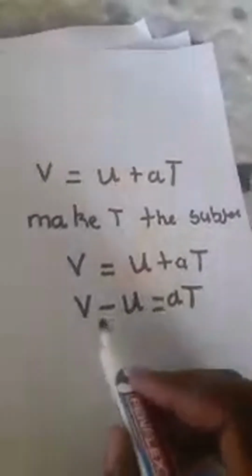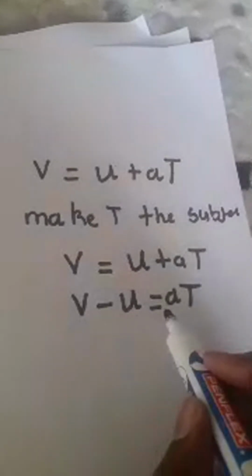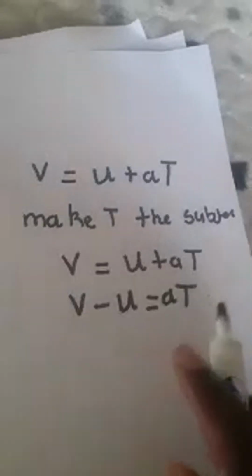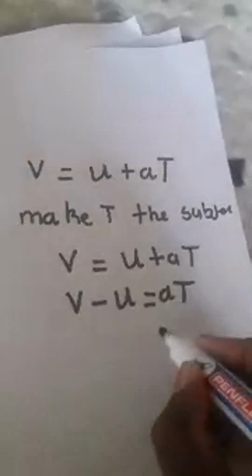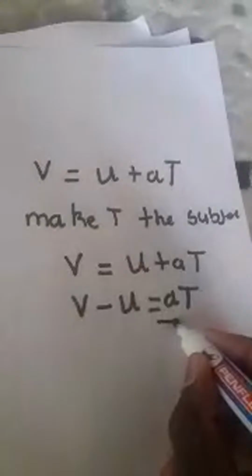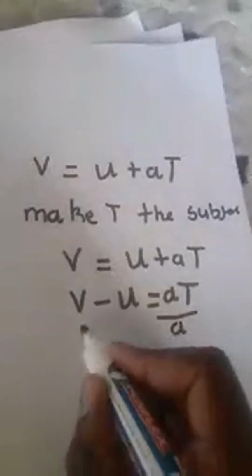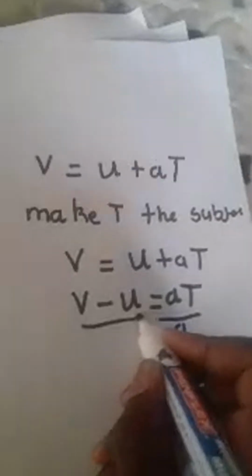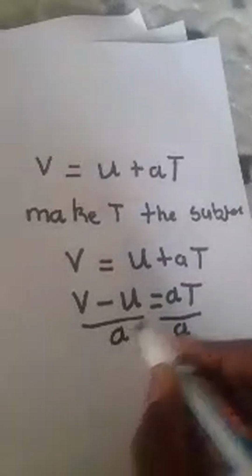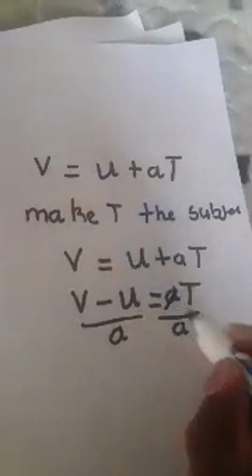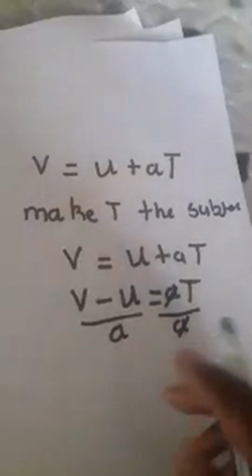Okay, so V minus U is equal to AT. All right, guys, I want to make T the subject of the formula. So we are going to divide both sides by A. We cancel A on this side and we cancel A here.